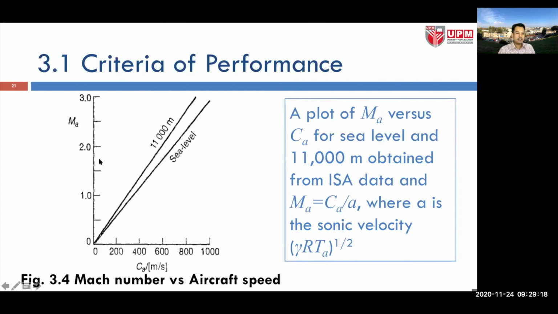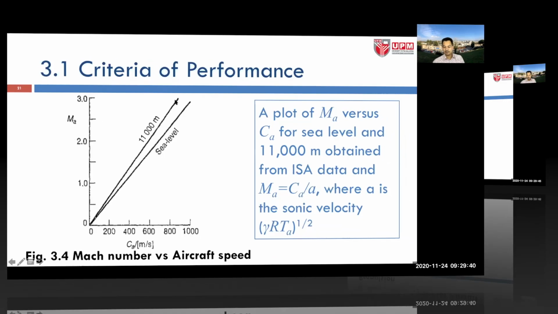As we can see here, as the Mach number increases, it also increases with the speed of the aircraft. At sea level is this line, and for 11,000 meters it is slightly higher.